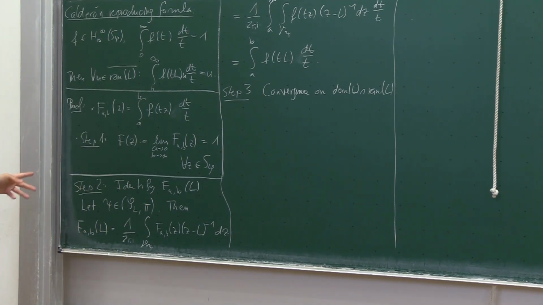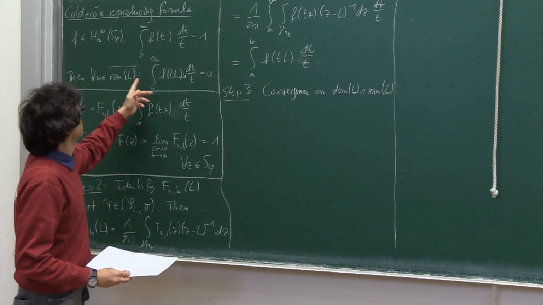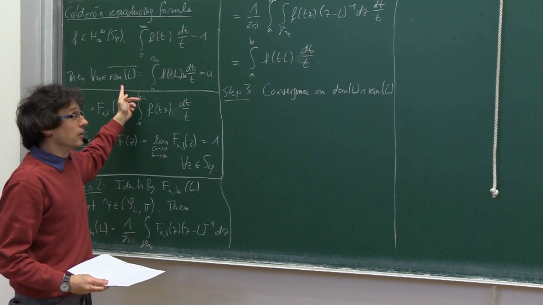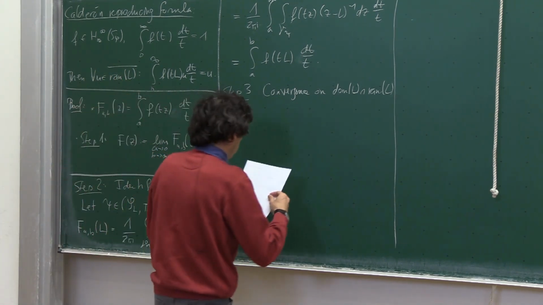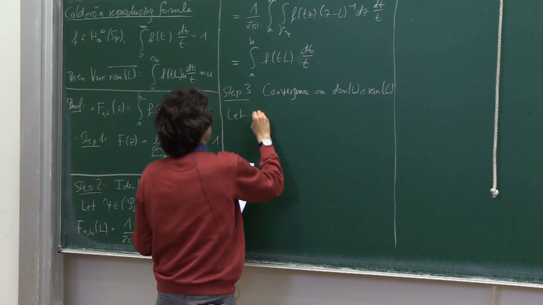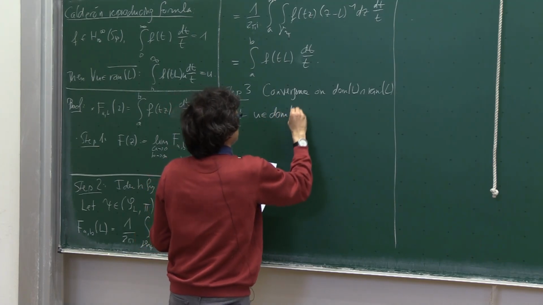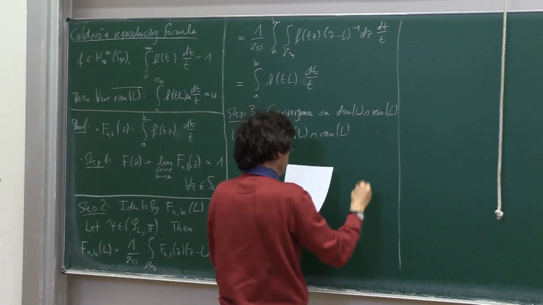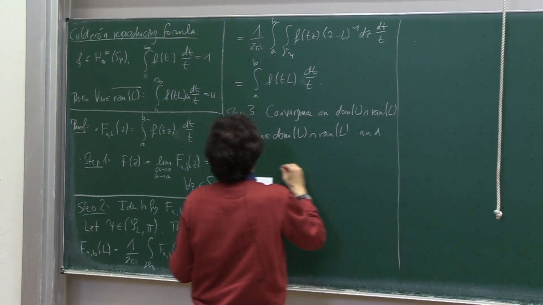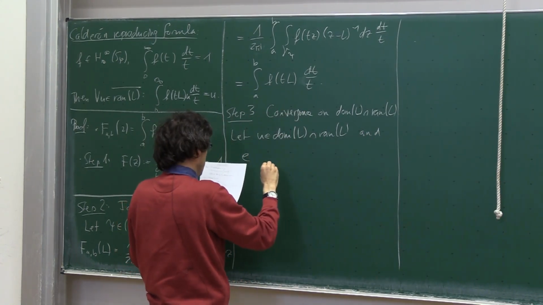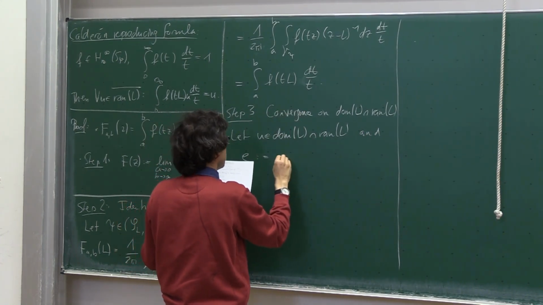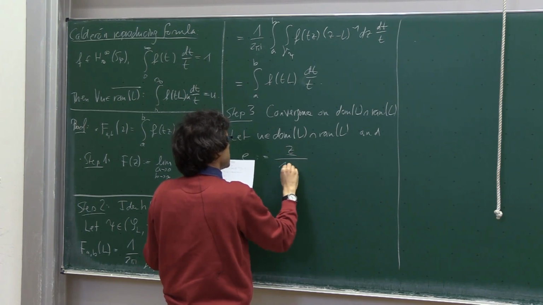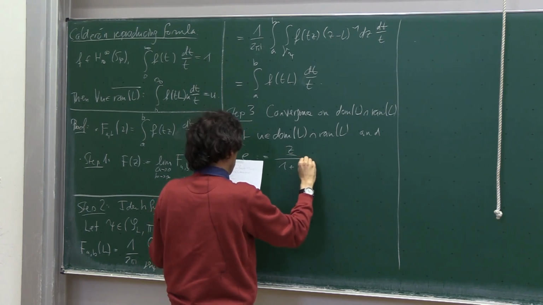Here, for general u in the closure of the range, you do not know this. Okay, so take some u in the domain of L intersected with the range of L, and then use a nice function that we've already seen 1 or 2 times, z divided by 1 plus z squared.